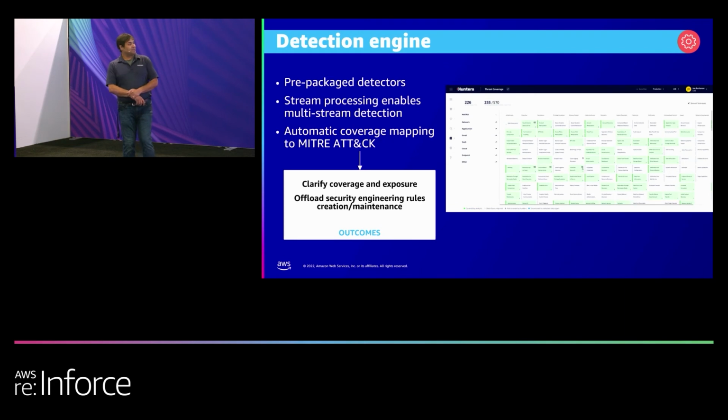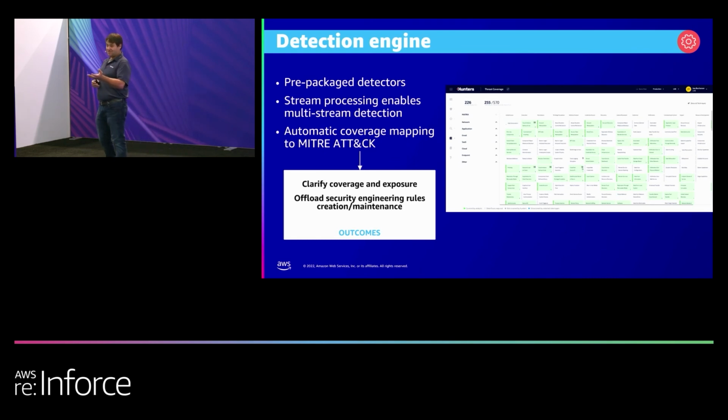So everything in here, we have prepackaged detectors, about 700 today. You can always build custom ones and everything. Not limited by any means. Map it up to the MITRE ATT&CK framework. Show you where those detectors actually fall so you can stack up and see where you're actually at. And then understand, how can I get better? What other things can I enable from a logging source to turn on and then get better coverage in that MITRE ATT&CK framework?